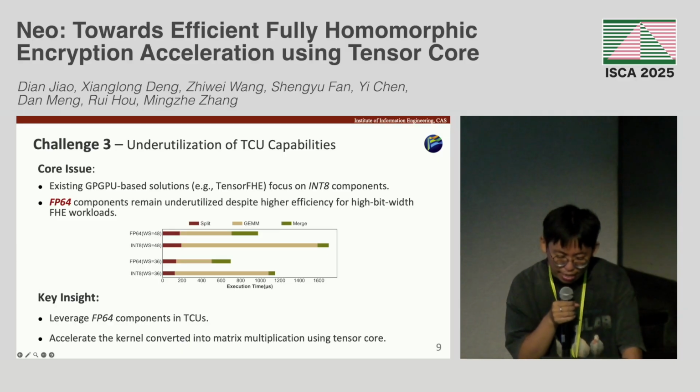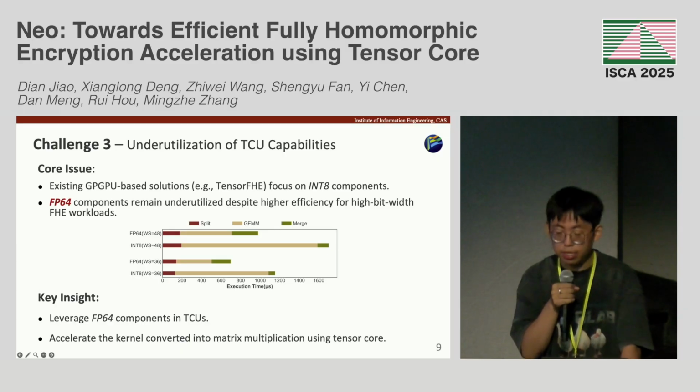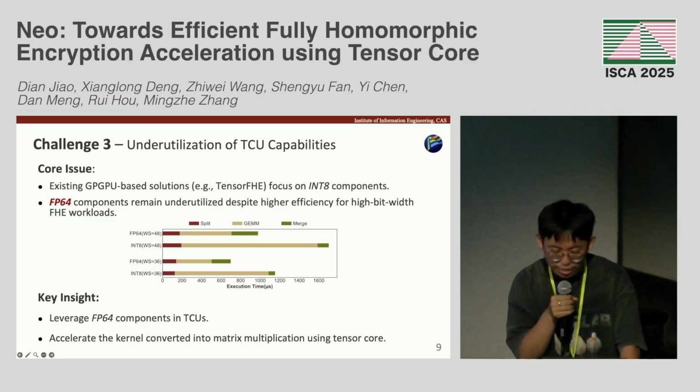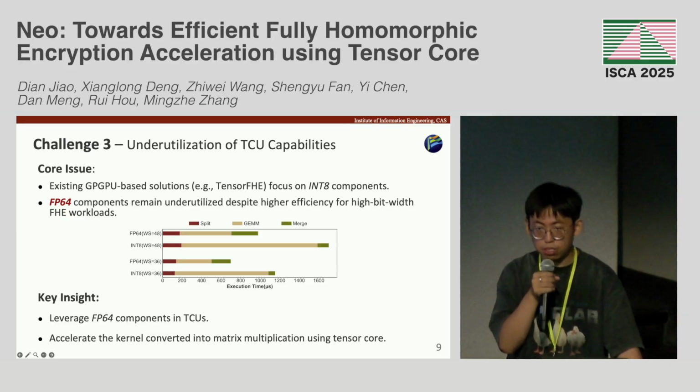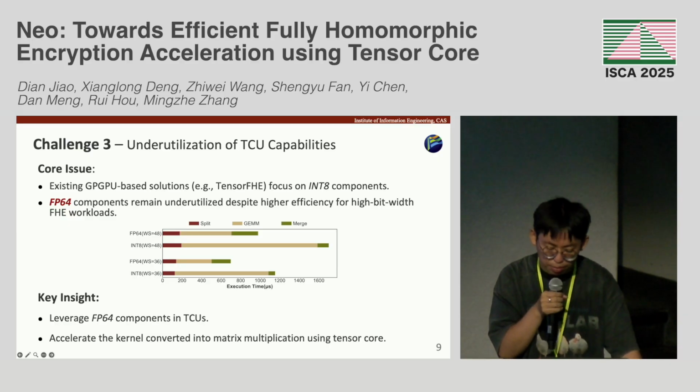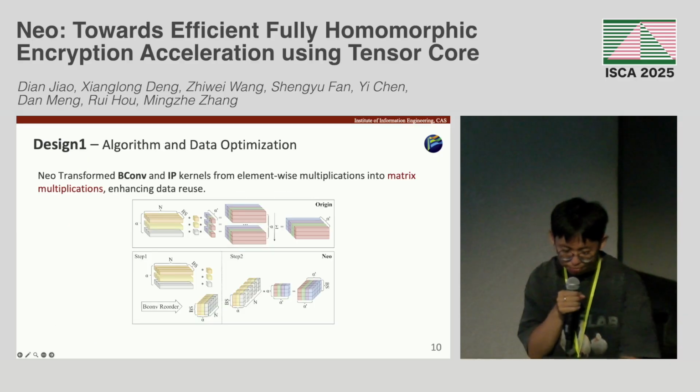This proves that leveraging floating point components can enhance tensor core efficiency. Additionally, we can also accelerate the kernels converted into matrix multiplication using tensor core.